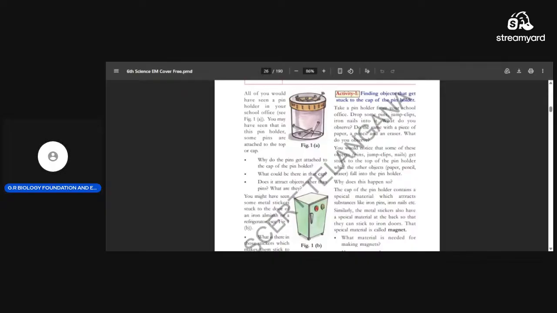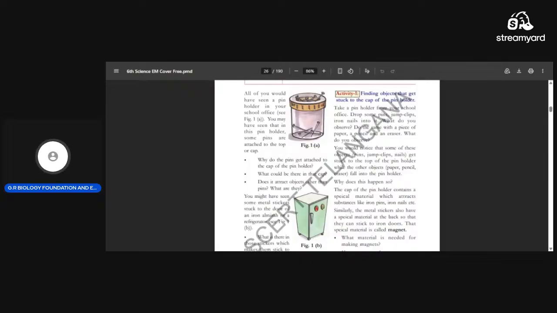So at the top of that pin holder, that means at the cap, we will see some of the pins. Some are inside the pin holder box.